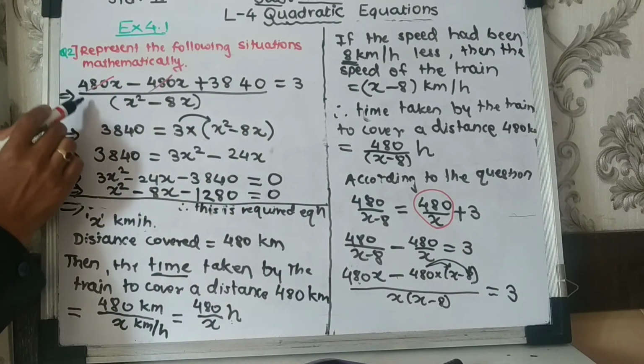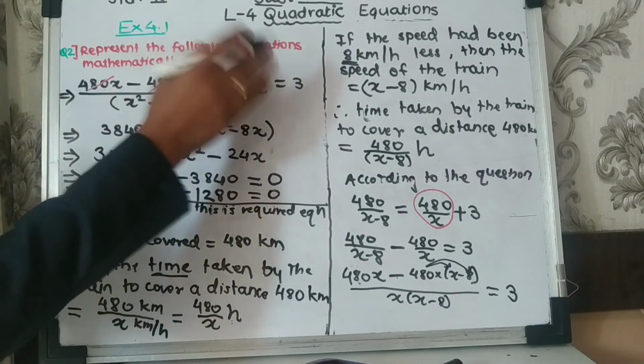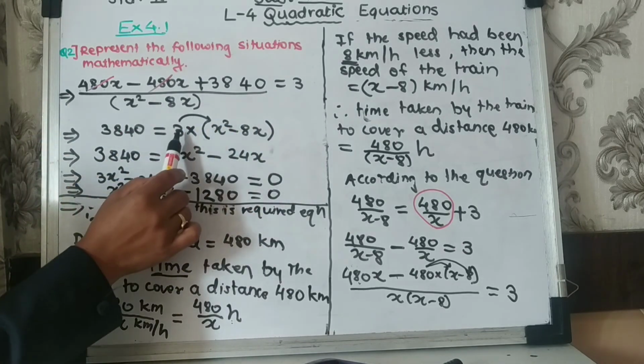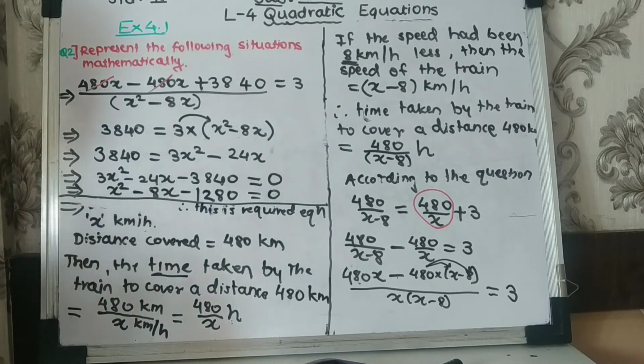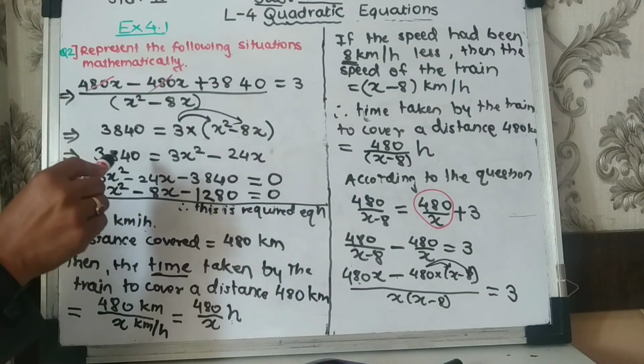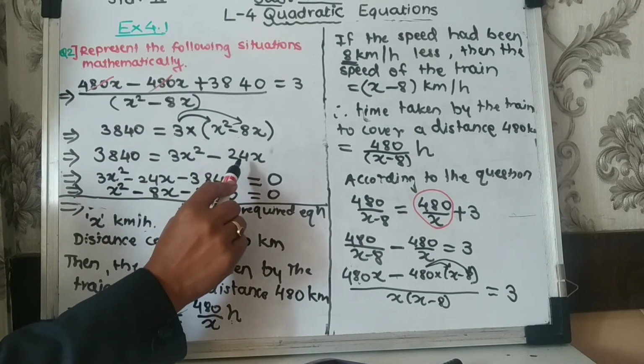Actually, whenever any number is in the denominator, when we shift it to the other side, we multiply with that number, right? So 3840 equals 3 multiplied with x square minus 8x. After opening the bracket, we have got 3840 equals 3x square minus 24x.